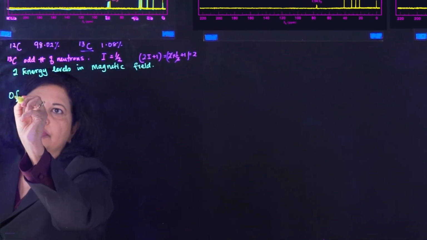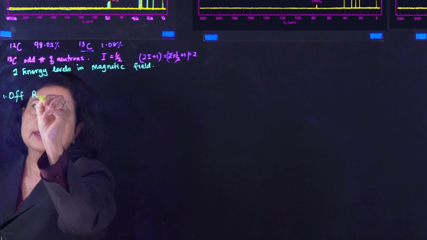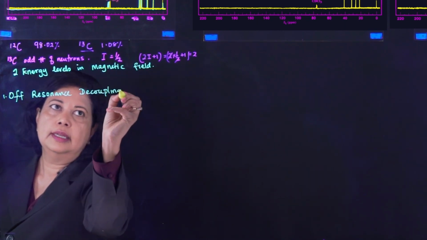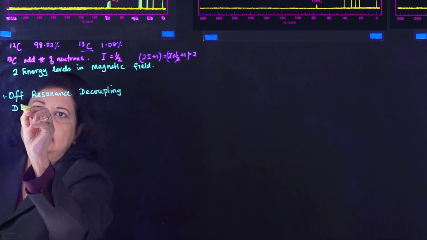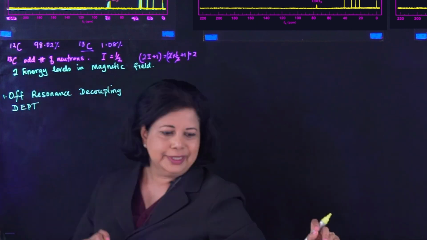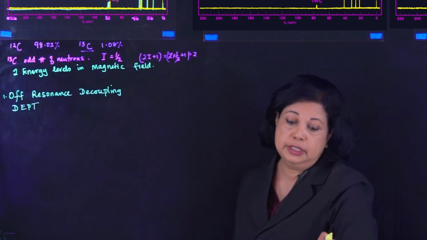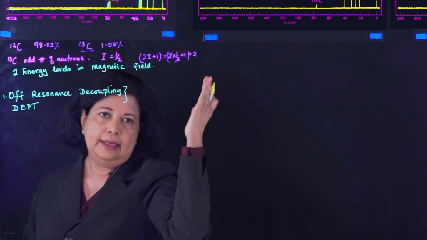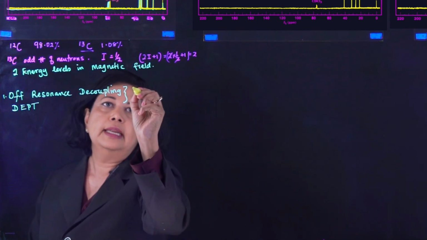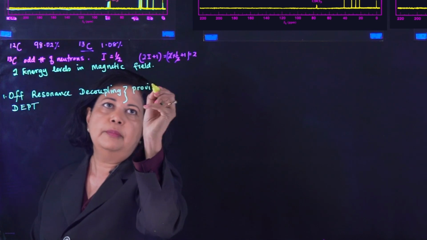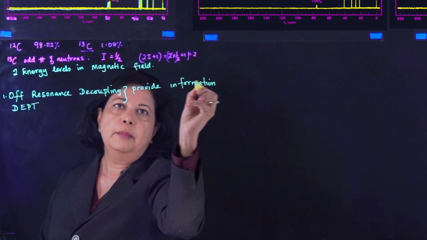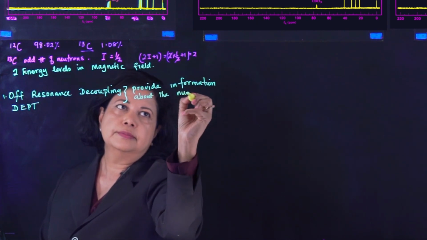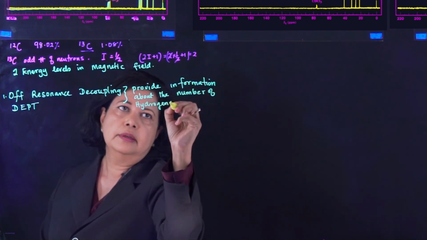One is off-resonance decoupling, and the other one is DEPT, distortionless enhancement by polarization transfer, whatever that means. These two, basically, in a nutshell, would provide information about the number of hydrogens on a given carbon.